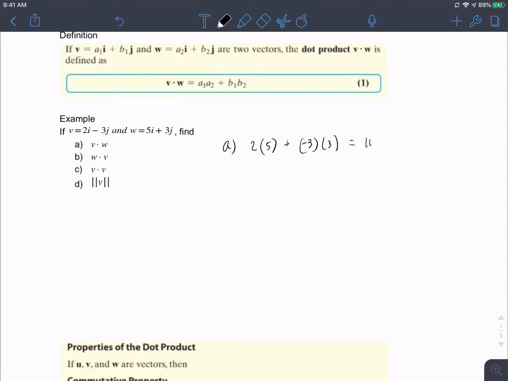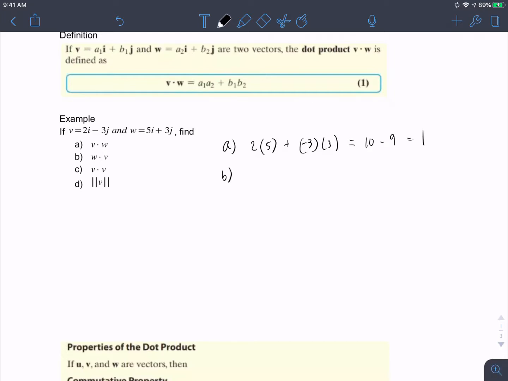That's going to give us 10 minus 9, which is going to give us 1. And so the dot product for this is going to be a value of 1.